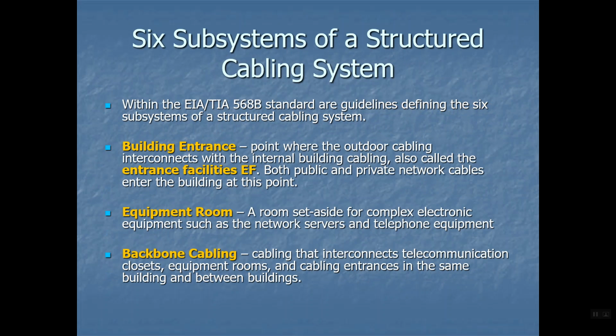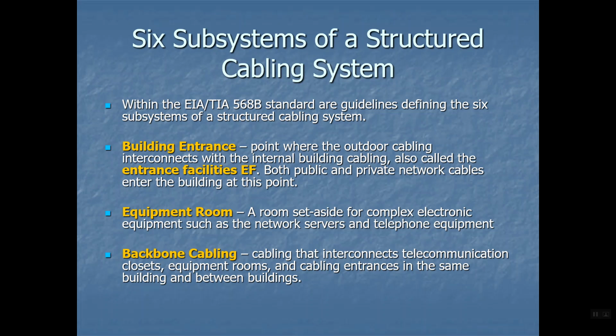There are 6 subsystems to the structure of a cabling system, and this is where you need to visualize that you might see one whole network, but there are a lot of components and subsections to a network. Granted, if it is a small organization, you're not going to see as much of this, but you're going to have all these components, except for the backbone probably, because the backbone is used to interconnect closets and equipment rooms and so on. So that cable is considered your backbone.